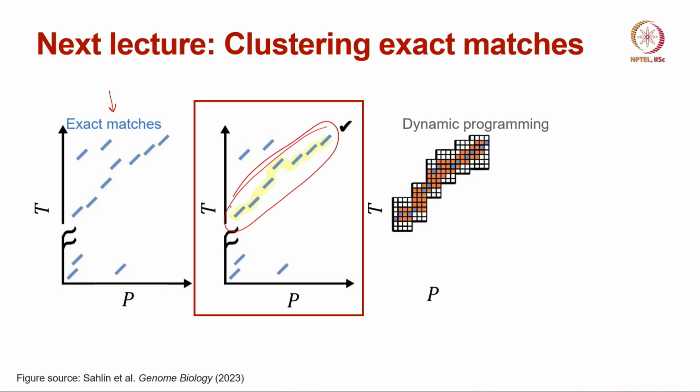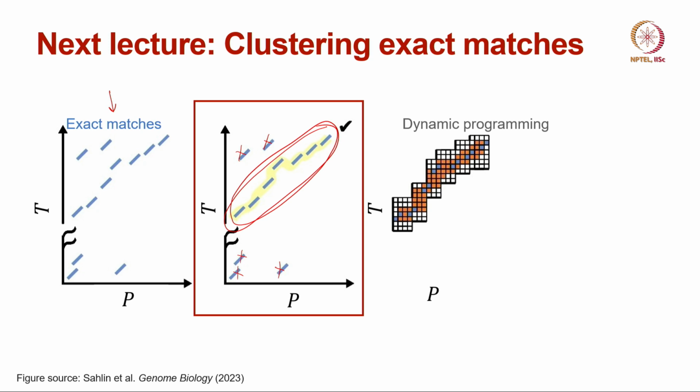good alignments also. So, in the next lecture we will look at clustering techniques which will allow us to locate a good cluster of these matches, so that we can ignore the matches that are maybe happening by chance, or that won't give us good alignments.